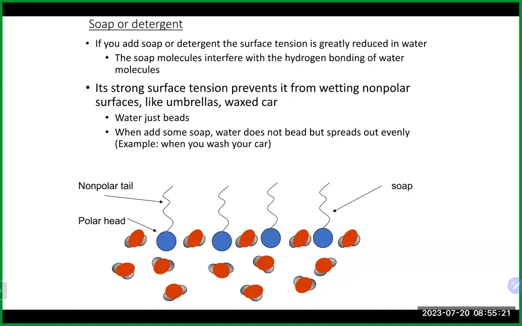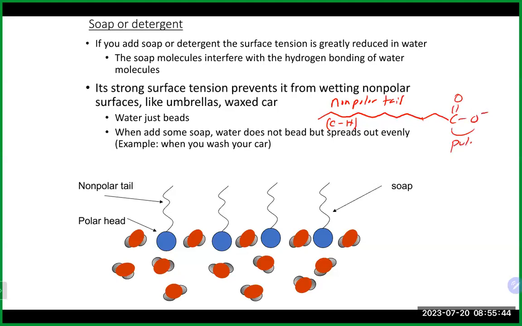And soap is a long molecule that basically has two parts. Soap has a non-polar part, and these are all just carbons and hydrogens back here, these little scribbles. And this is the non-polar part of soap, and sometimes referred to as the non-polar tail of soap. And soap has a polar part that looks something like this.